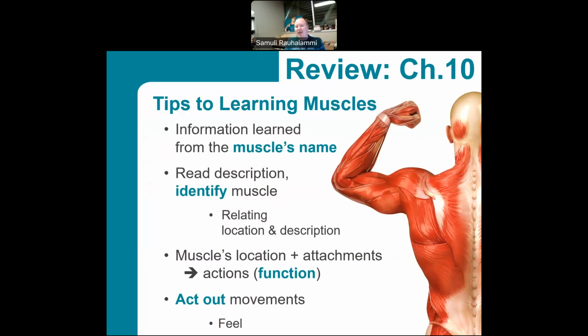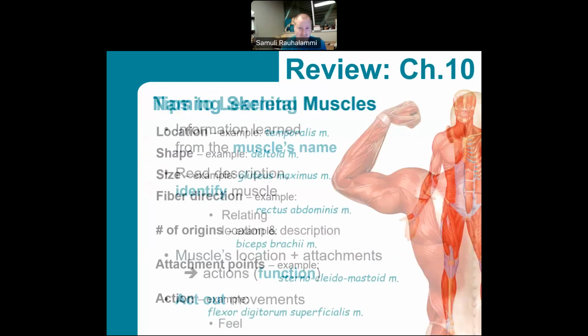Also, the muscle's location and attachment points are useful for us. Thinking about where those attachment points are allows us to understand the function of the muscle as well. And I really, really encourage you to act out the movements of those muscles when possible, maybe even feel on the surface of the body. That helps you appreciate where and how those muscles are located and what kind of movements they generate.